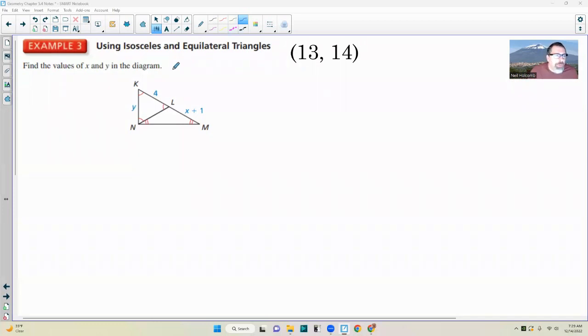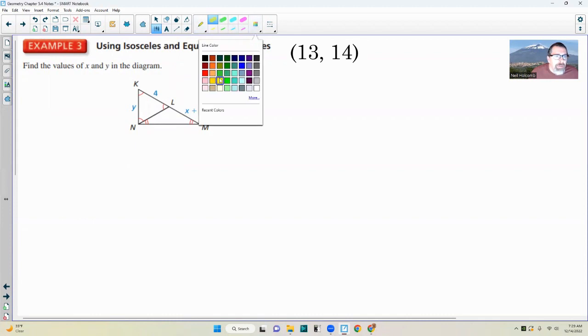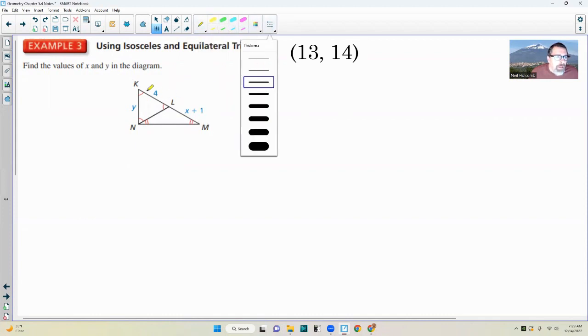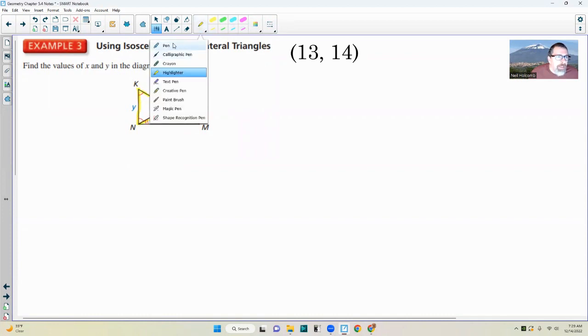Okay, so here's example 3. It says to find the values of X and Y in this diagram. The first thing I'm going to focus on, let me get my highlighter, is this triangle right here. If I focus on this triangle, I see that all three angles are congruent. That's an equiangular triangle.